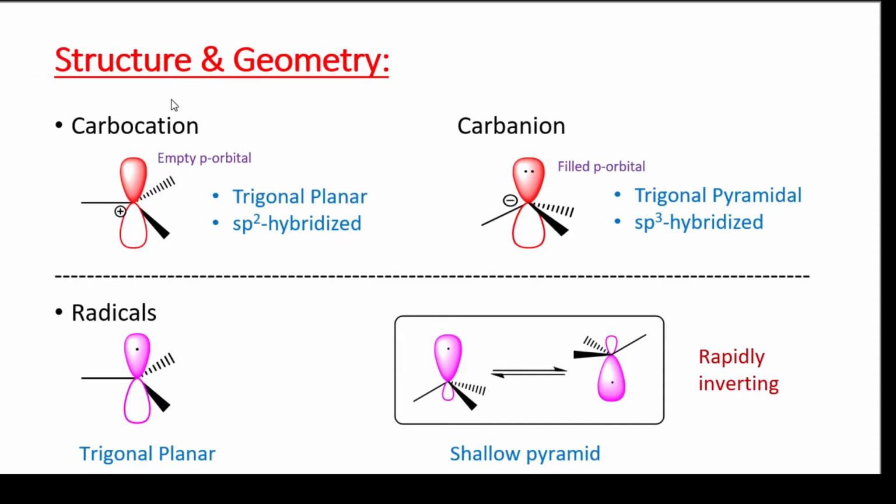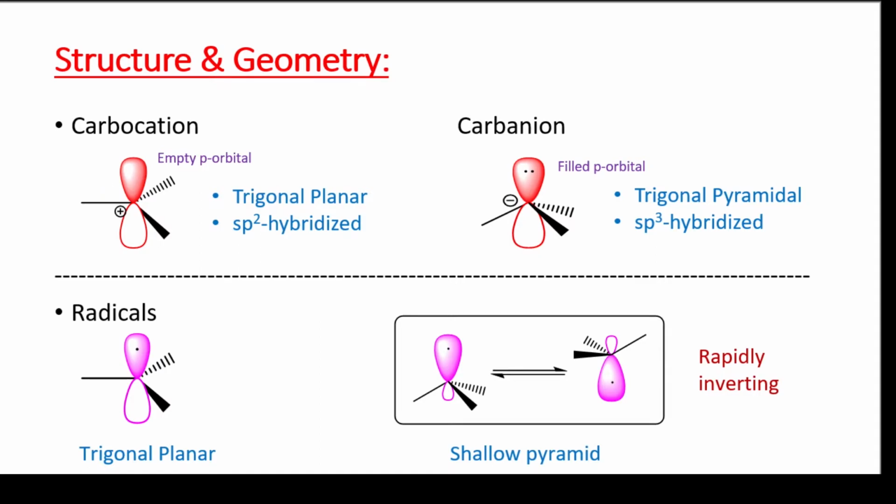Another main factor that helps in the reactions is shape. First, the carbocation. We know that it is a 6 electron species. For one covalent bond, a minimum of 2 electrons is required.